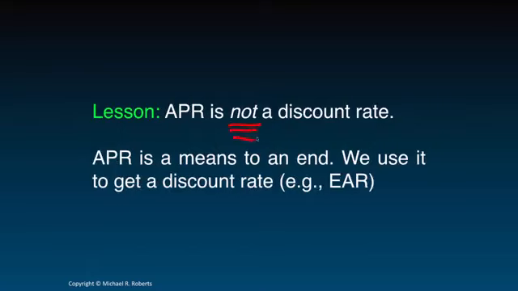It's a means to an end, a quoting convention. We're going to use APRs in conjunction with compounding frequency information to get at an EAR or at a periodic discount rate, which I'll introduce in just a moment. So remember, EAR equals discount rate. APR equals quote.